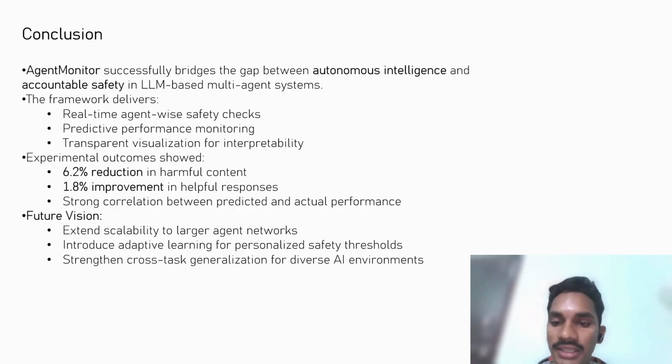Our results showed a 6.2% reduction in harmful content, a 1.8% improvement in helpfulness, and a strong match between predicted and actual performances. Moving forward, we plan to make the system more scalable, adaptive, and generalized across various AI domains. To summarize, Agent Monitor is a step forward towards building trustworthy, transparent, and intelligent multi-agent systems.